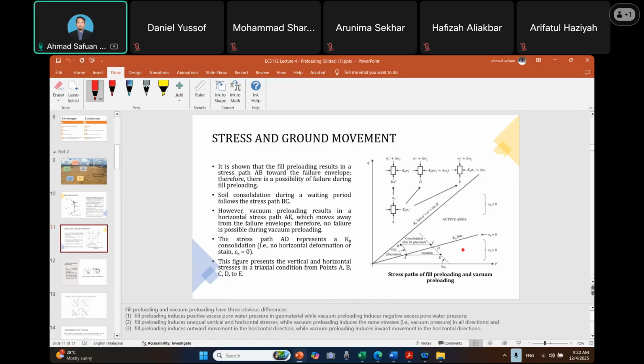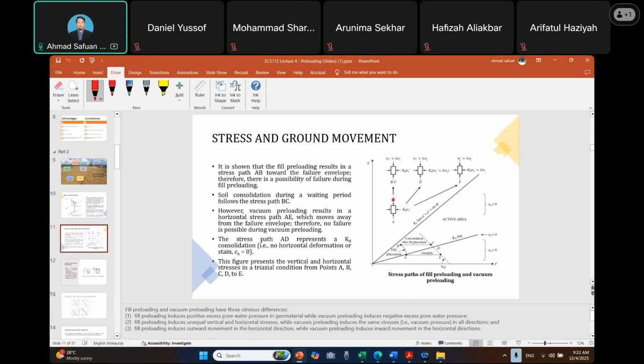This figure also represents the triaxial conditions for point A. This is point A. This is K naught, which is at rest, times sigma 1, the vertical effective stress.